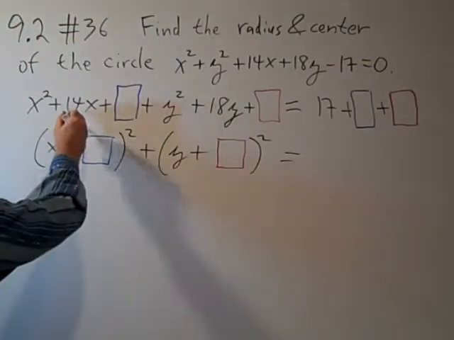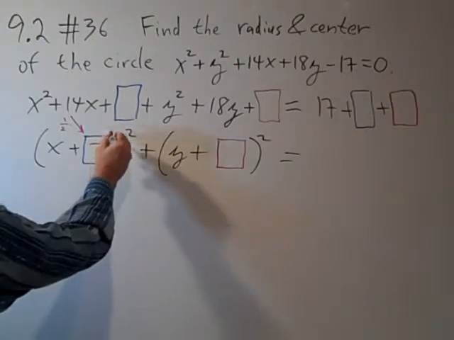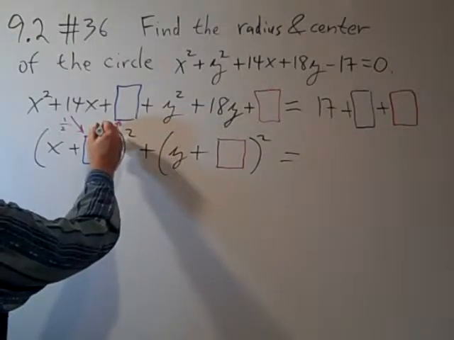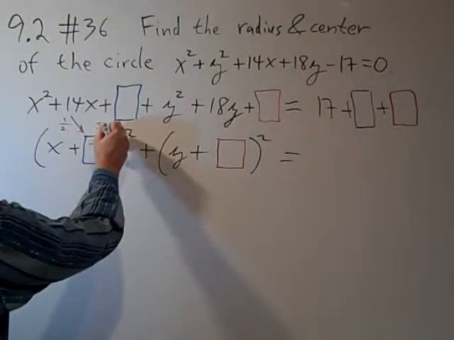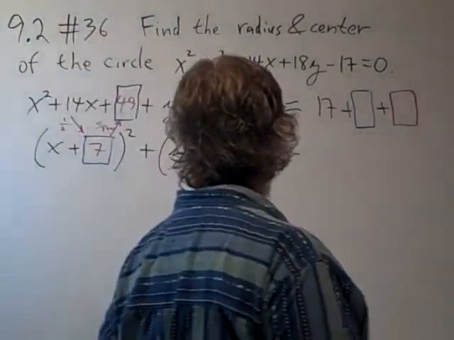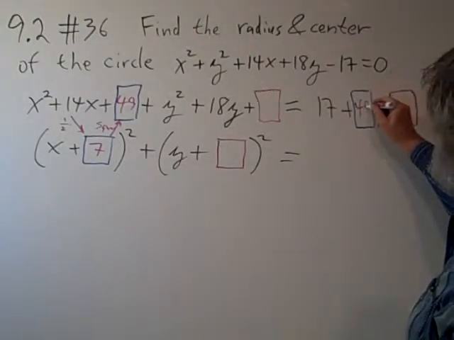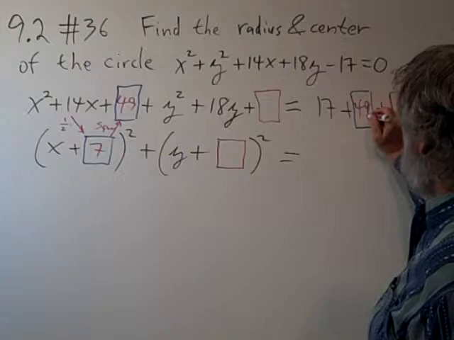So we take half of 14, which is 7, and then we square the 7. Square the 7 and you get 49. And we have to add 49 to the right side of the equation as well.